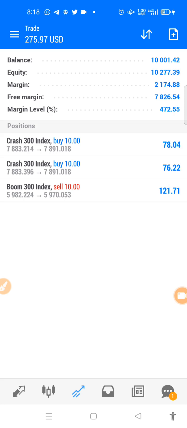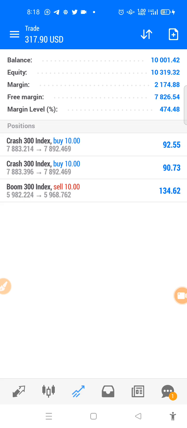Look at this Crash 300 at 7891. In a short period, let's say before 8:20 according to the time here, if there is no spike, it would have moved beyond 7896.